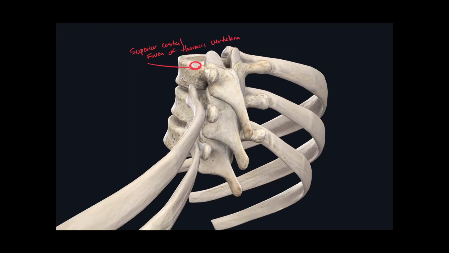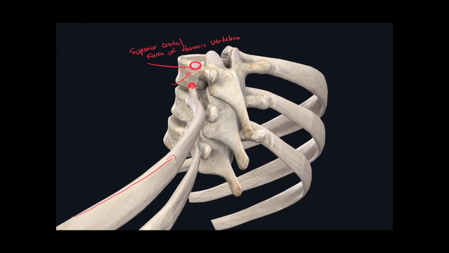Now, what is the superior costal fovea of a thoracic vertebra? If you look at these ribs right here, for example, this one, it courses down, and this portion of the rib articulates with the thoracic vertebra. That location where it articulates, that is the superior costal fovea of a thoracic vertebra.